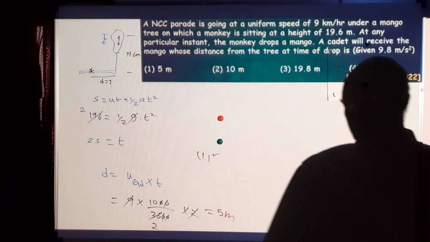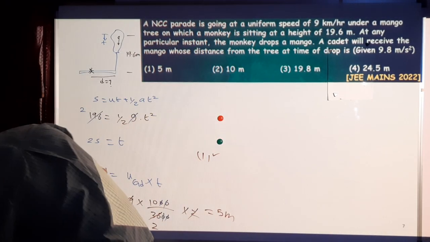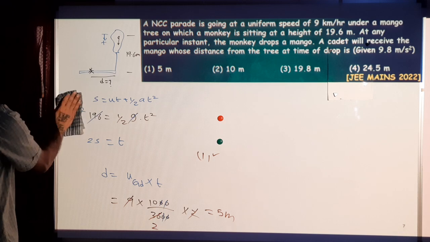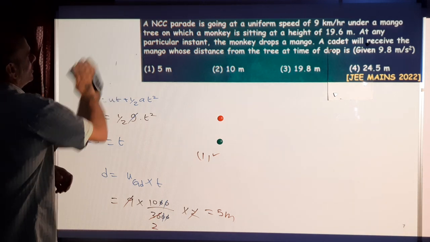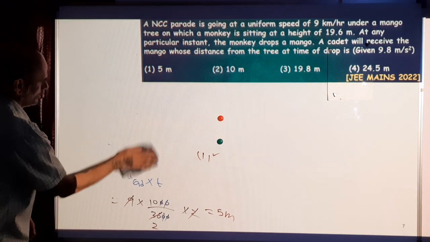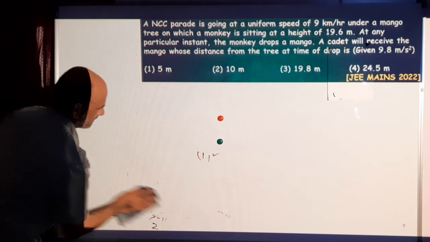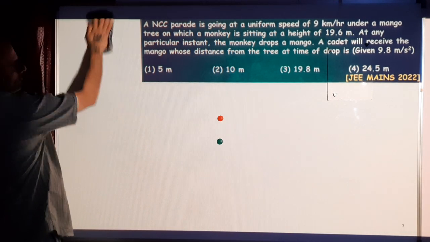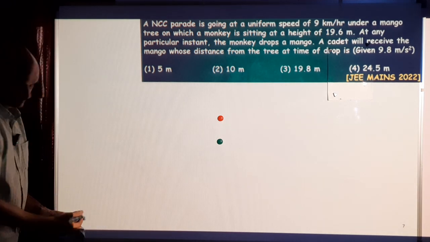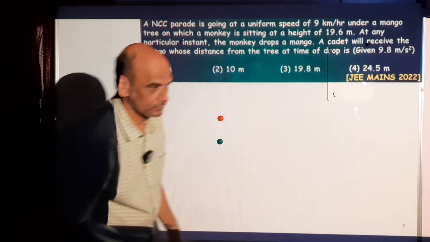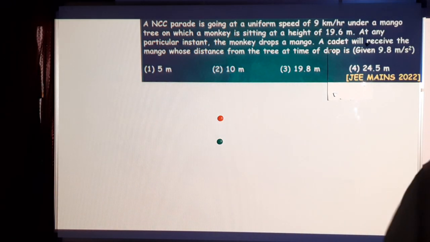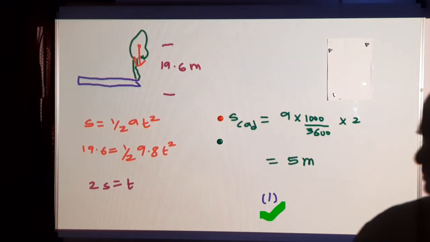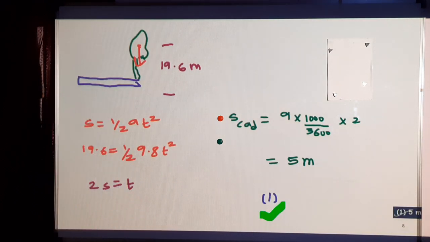What is the correct answer? The mango is dropped from a tree which is at a height of 19.6 meter.